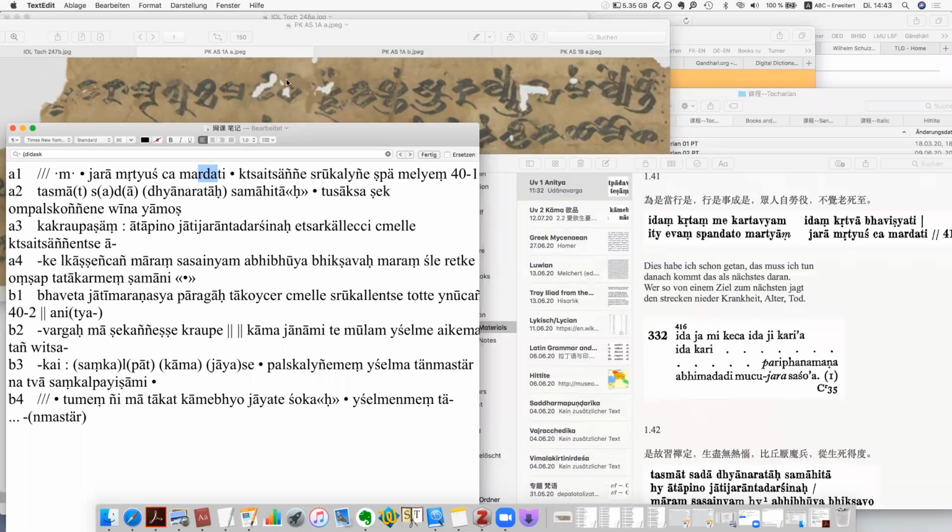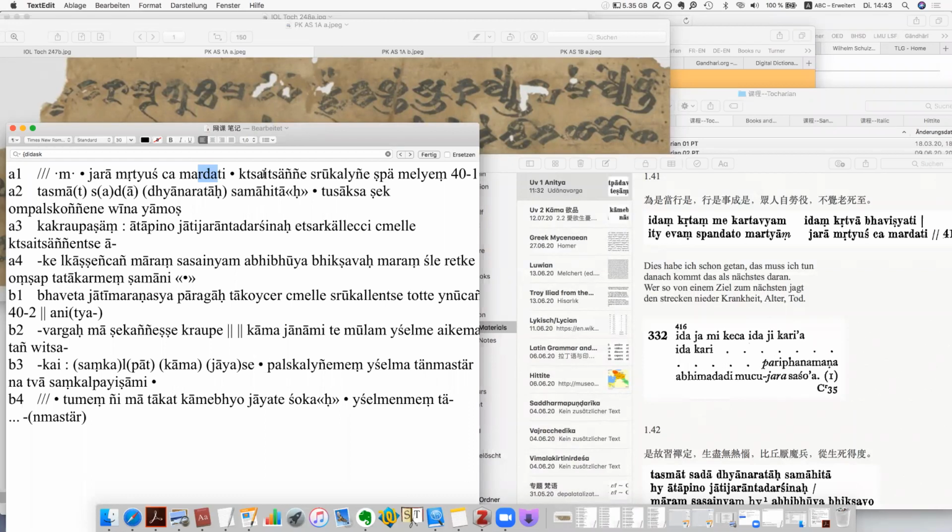But actually we have other parallel texts, so it's not that difficult to figure out the meaning and the form. And then comes the Tocharian word. This is a k, and then a t, and then an s, and above is vowel i.